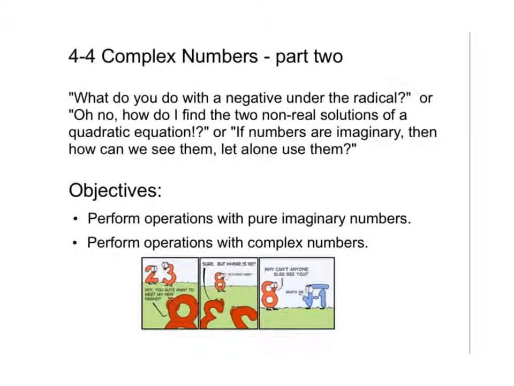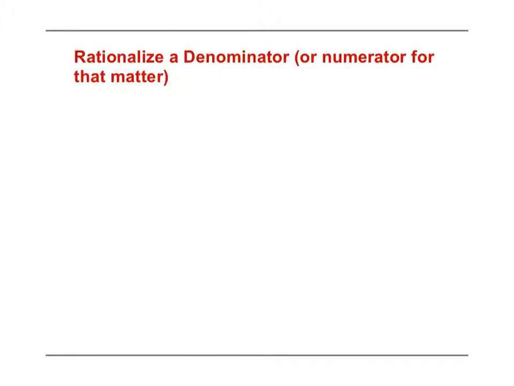So here we go. I need to review a concept called rationalizing a denominator. And I'm not sure if you got this in Algebra 1, but sometimes you had a fraction that looked like this with a square root in the denominator, and this is not imaginary, this is just basic things that you would have learned in algebra.